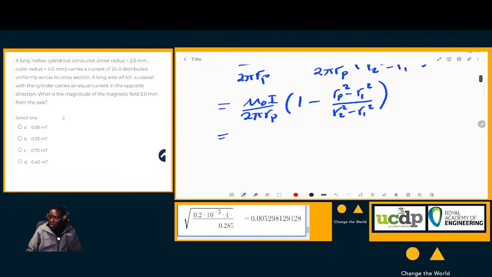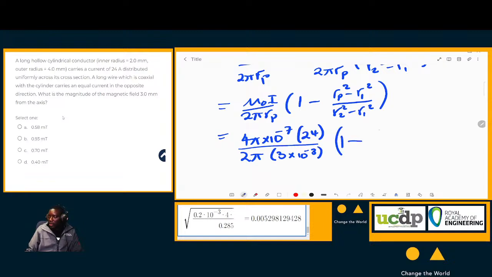We know that mu naught is 4 pi times 10 to the negative 7. We're given I as 24 amps, multiplied by 24 over 2 pi. RP is 3 millimeters, which is 3 times 10 to the minus 3. Remember, SI units are important still at this stage.